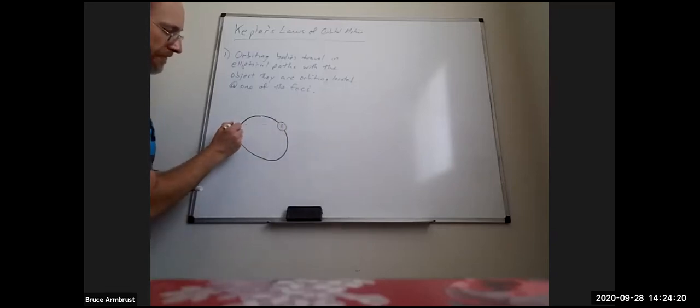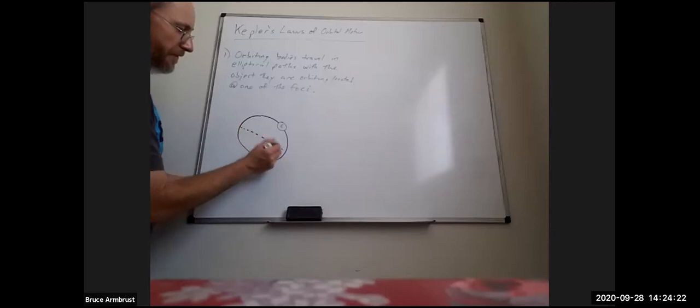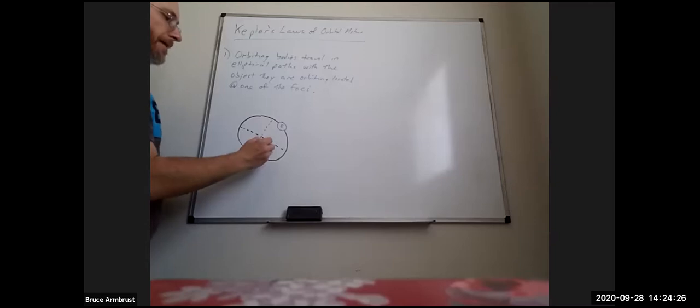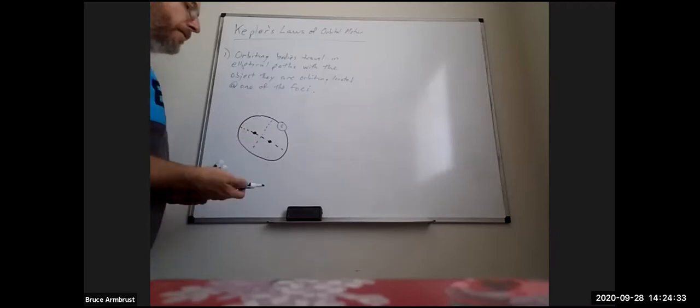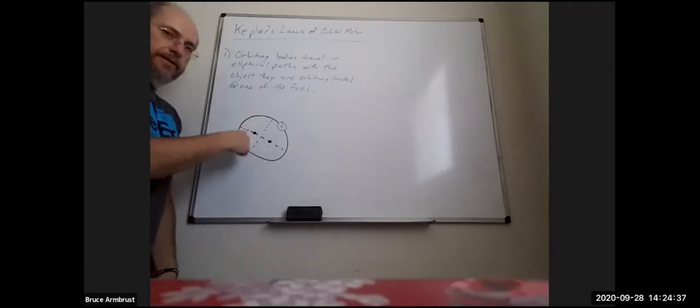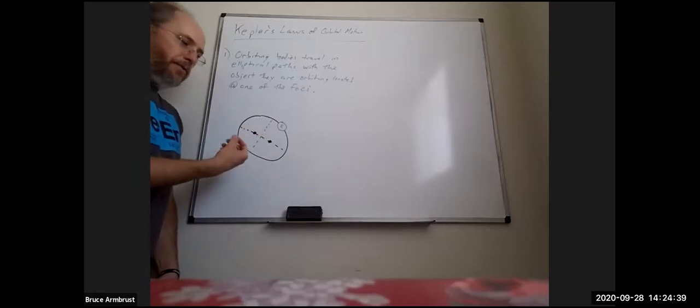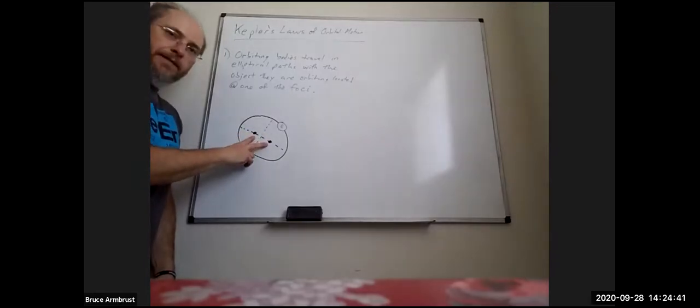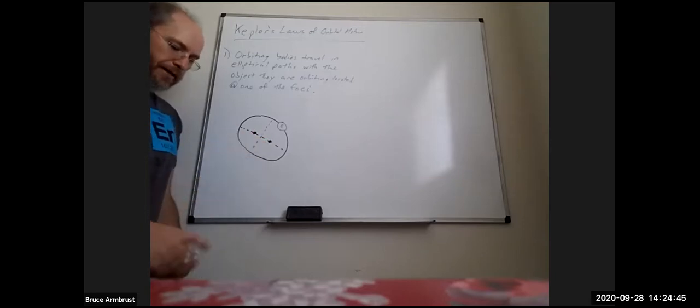Now, ellipses, if you remember them, have a center, but they also have two foci. The way an ellipse is defined is the set of all points whose sum of distances to two fixed points is constant. Those two fixed points are the foci.